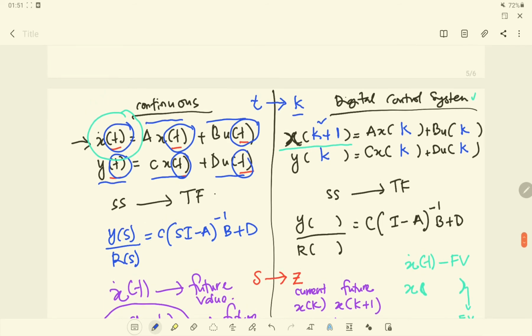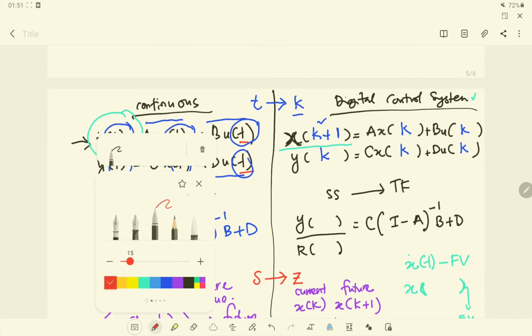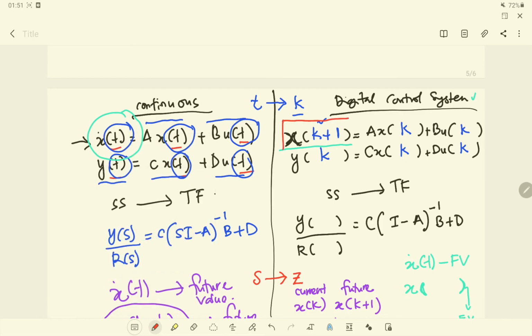That's why we use xk plus 1 to represent the future value, similar to x dot t.